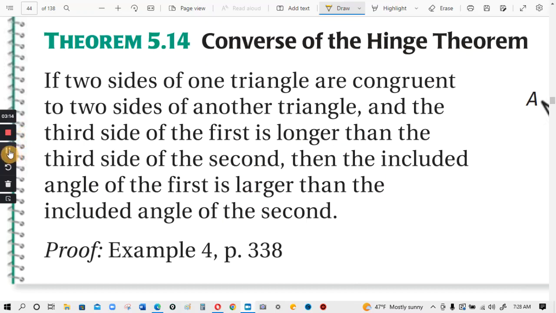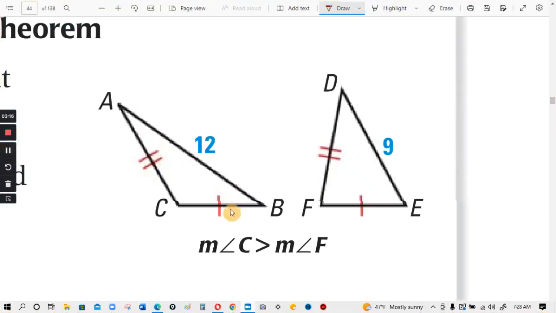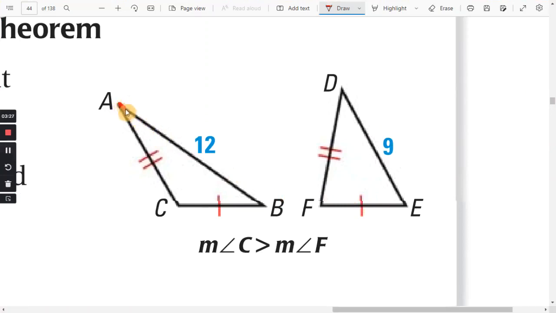Let's take a look. All right, once again, we have a pair of congruent sides that match from one triangle to the other. So you want to look at the third side, the sides that are not congruent. We have this side right here, that's AB, and this side right here, that's DE. All right, so AB is greater than DE.